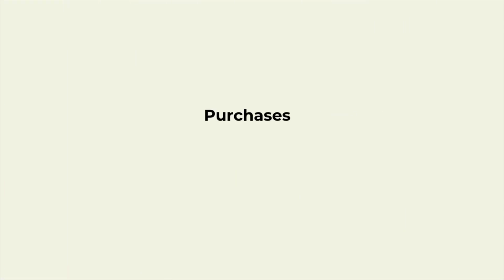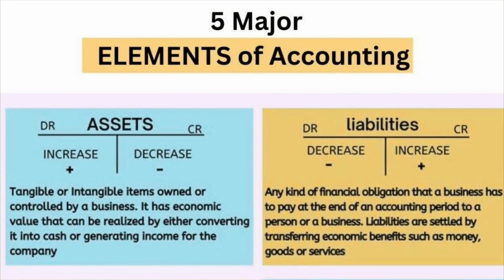So goods bought to resell is known as purchases, and the organization from whom the goods were bought on credit was Tola stores. Now, in order to identify the account to be debited and the account to be credited, let's look at increase in assets and liabilities.